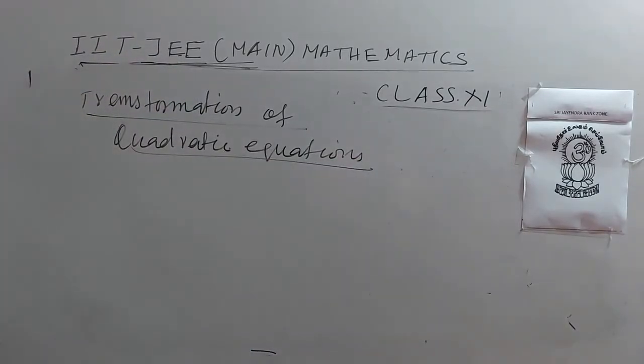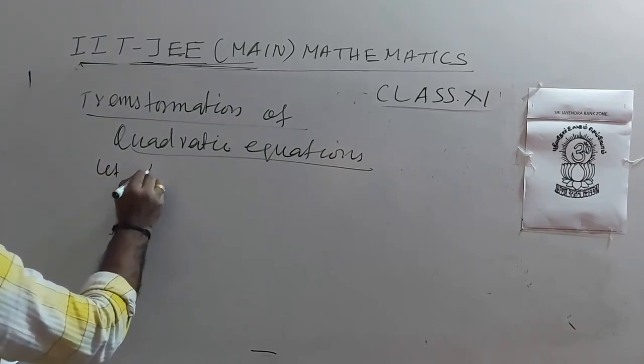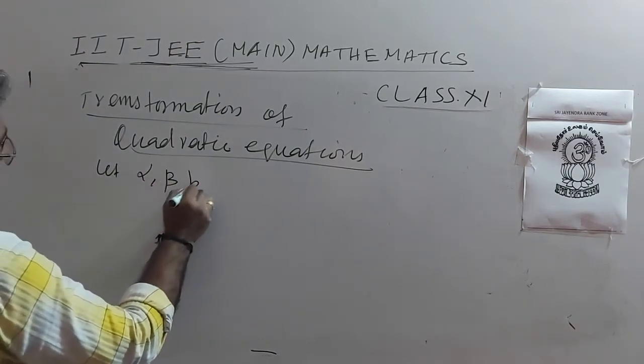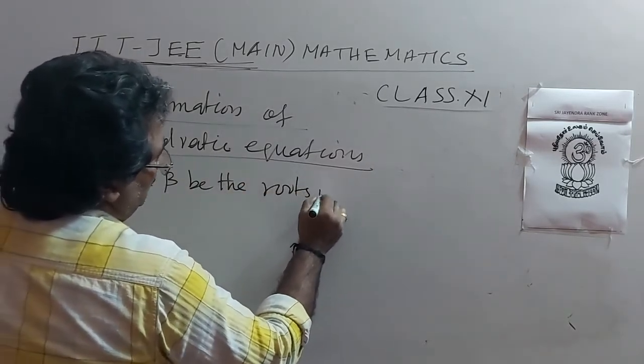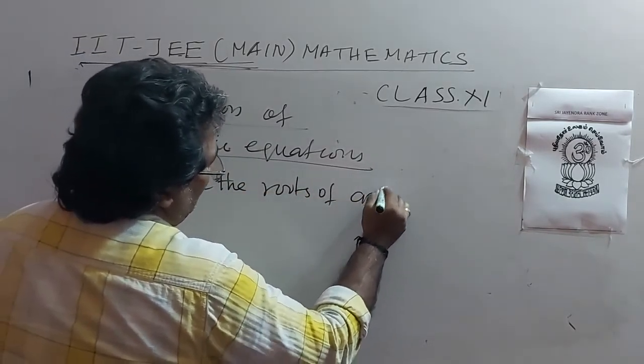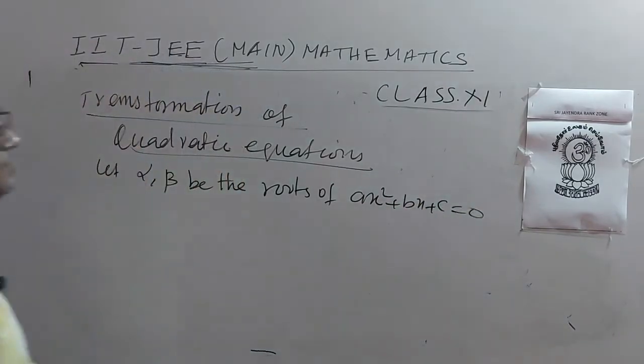Transformation of quadratic equations. Let alpha, beta be the roots of ax square plus bx plus c equal to 0.